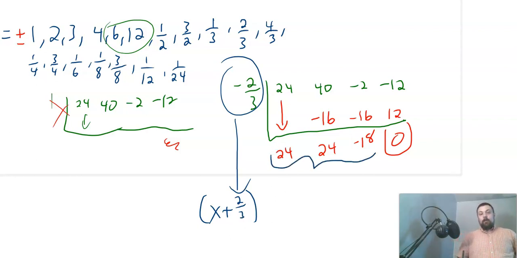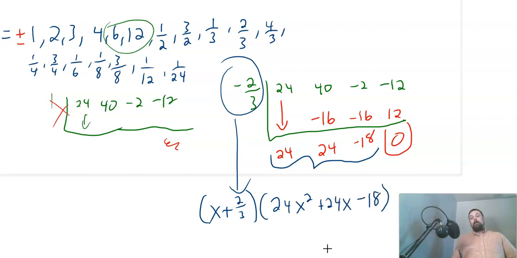The other factor will be the quotient from this division. So it's going to be 24x squared plus 24x minus 18. That'd be the other factor. And because this other factor is now quadratic, we should be able to factor it further without having to do more synthetic division.